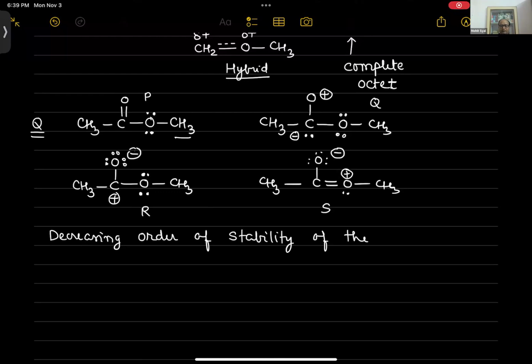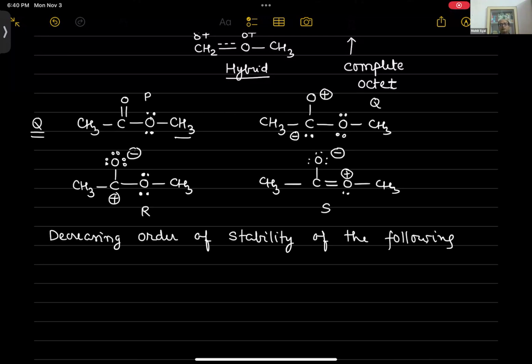Is it clear? Yes. But do those structures even exist? Yes, good question. Actually, the actual structure is the hybrid of all these structures. Got it? That's what resonance is.